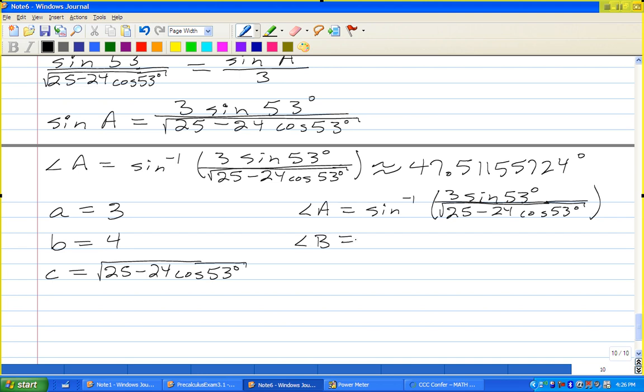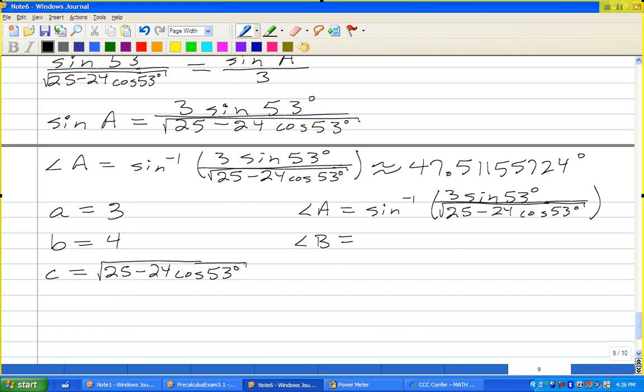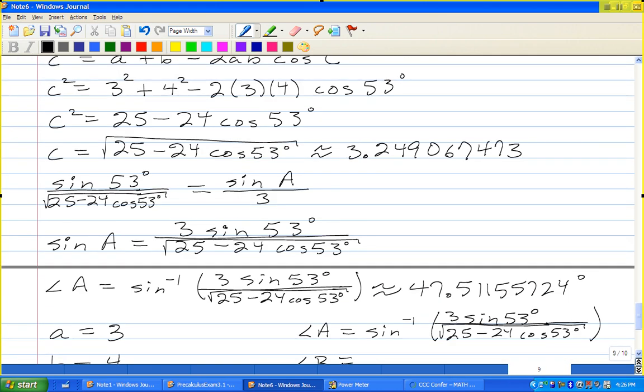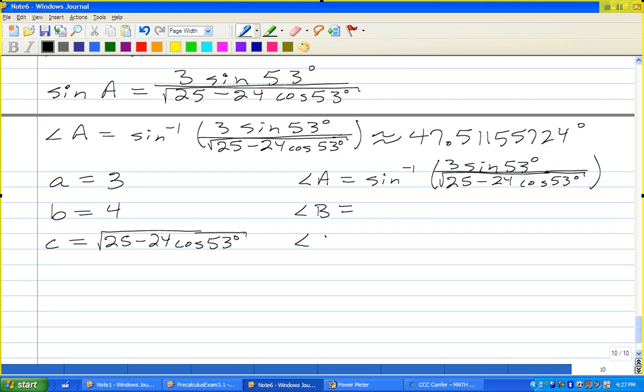Angle B, I didn't find angle B. Well, okay, angle C is 53. The sum of these must be 180. And so 180 minus 53 is 127. I didn't write that down.